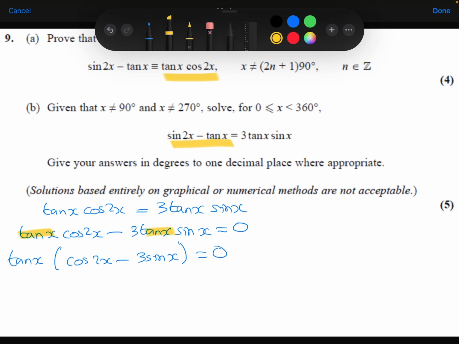So either tan x has to equal 0, or cos 2x minus 3 sin x equals 0. So let's first focus on that tan x equals 0, because that should be pretty easy to solve. If I do tan inverse, I get 0, and then just think about the tan graph for a moment.